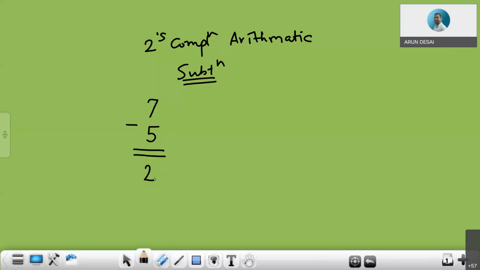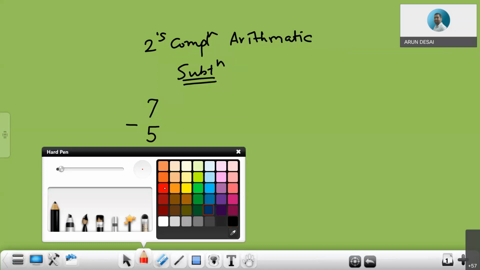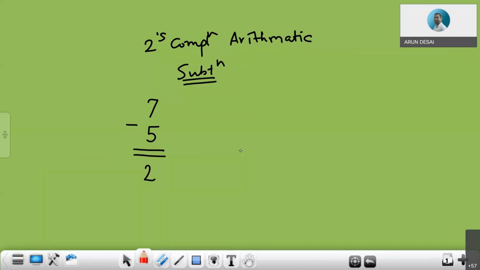First and foremost, in two's complement arithmetic, you need to find the binary equivalent.